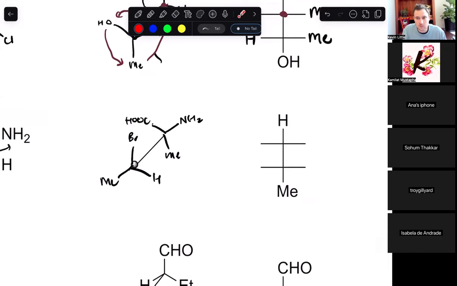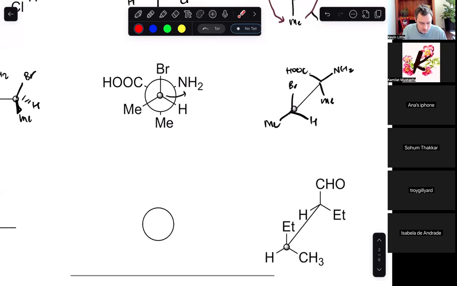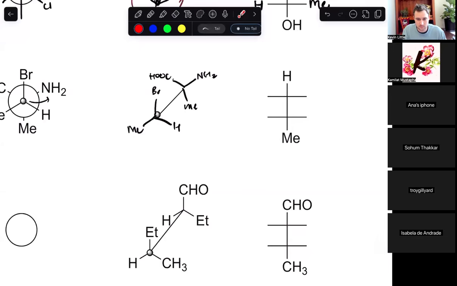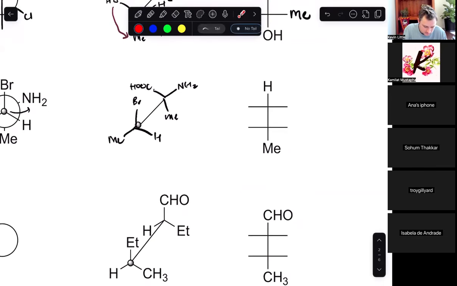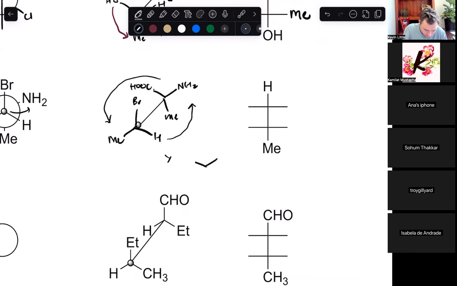So this is one of the tricky ones, right? This is one of those situations where the carbon in the front is not the carbon in the back. There's only one hydrogen in this whole molecule, and it's on this carbon. So we have two options. We can either redraw my sawhorse flipped around, and flip everything like this, where the carboxylic acid turns and rotates to the front left.